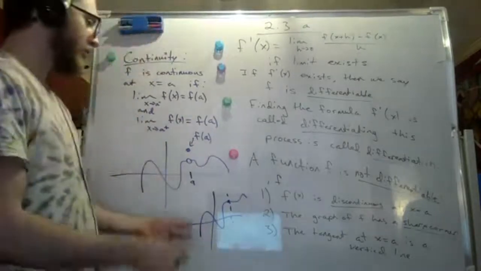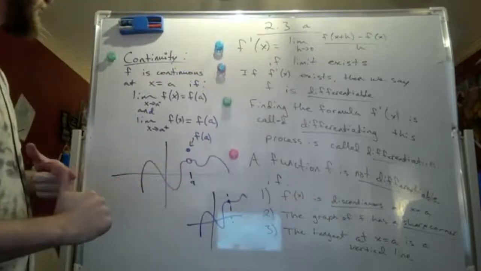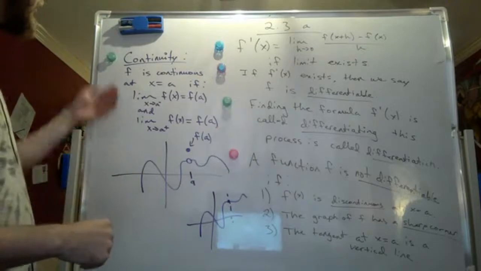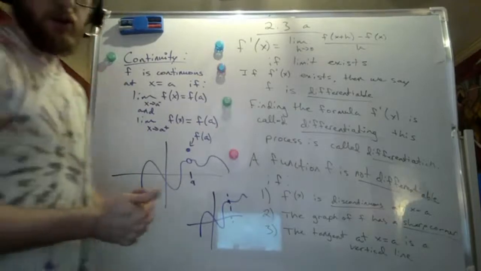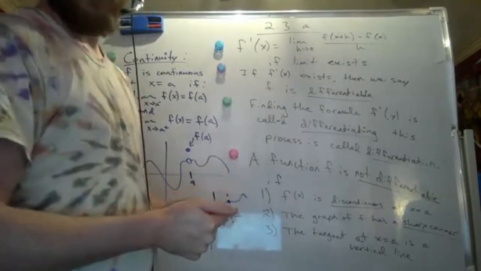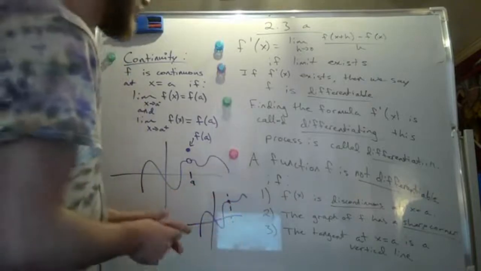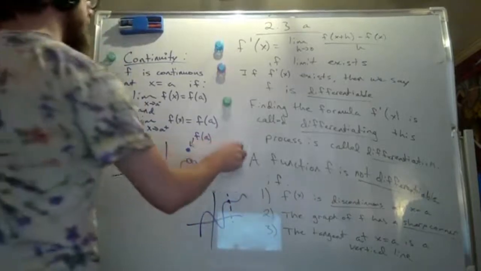Right. So we've covered not differentiable. What does it mean to be not differentiable? Discontinuity, sharp corners, continuity. Okay, so now we're ready to talk about some derivative shortcuts.